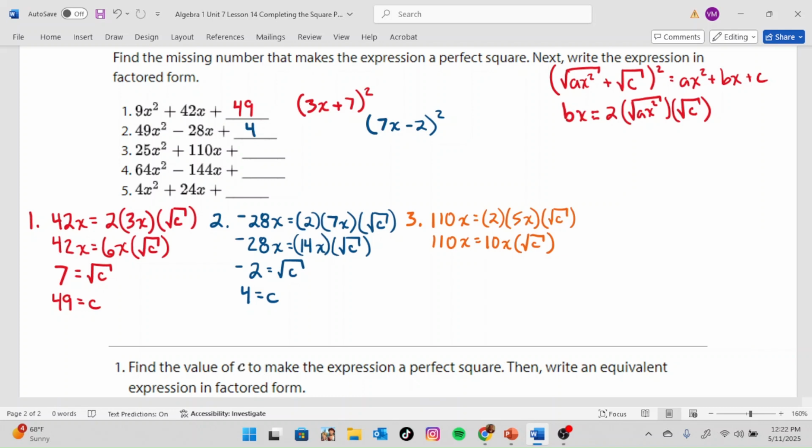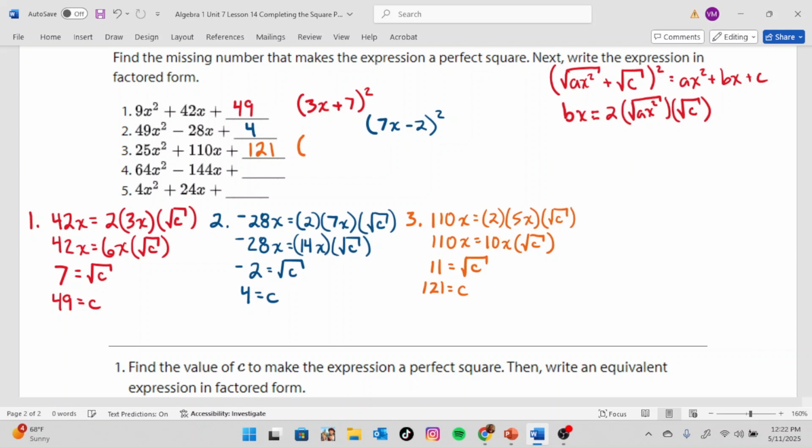Now we divide both sides by 10x, and we get 11 equals the square root of c. If we square both sides, then 11 times 11 is 121. So the missing c value is 121.